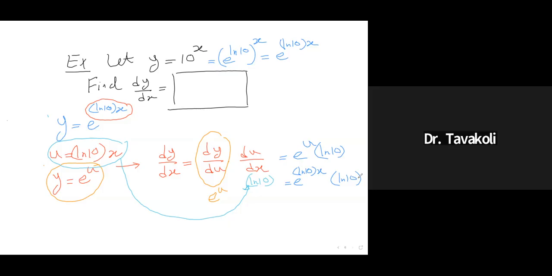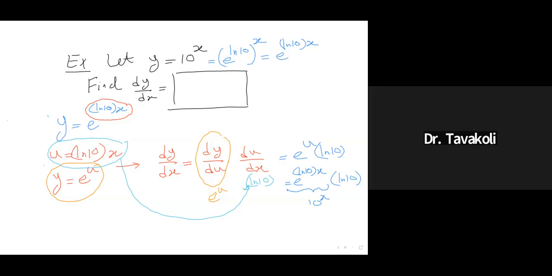But remember that, as we saw on the top, this is the same as 10 to the power of x. Look at the very top. At the beginning, 10 to the x was the same as e to the power of ln of 10 times x. Now I go back and write e to the power of ln of 10 times x as 10 to the power of x.